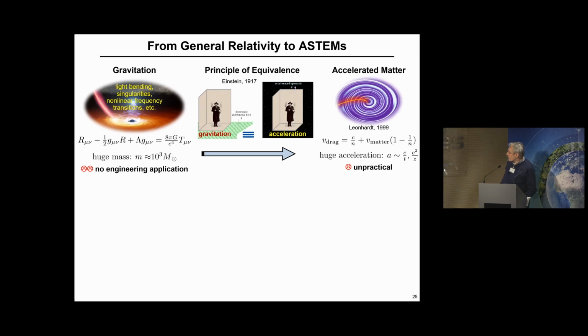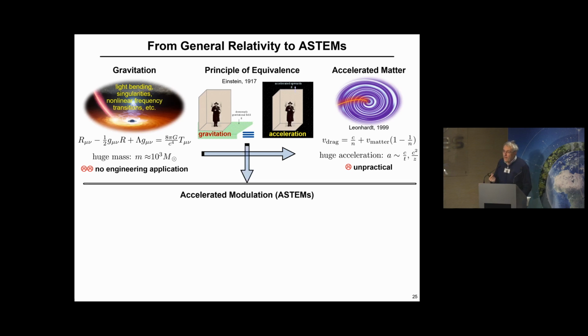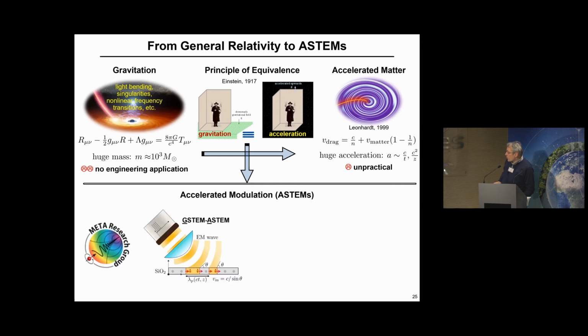And this inspired Ulf Leonhardt to accelerate matter instead of just using static gravitational matter, which is a very good idea, and to use the Fresnel-Fizeau effect. But this is also impractical, because you need to have huge amount of acceleration that would blast the entire setup that you do. So what we said in our group is let's try to accelerate a modulation instead.